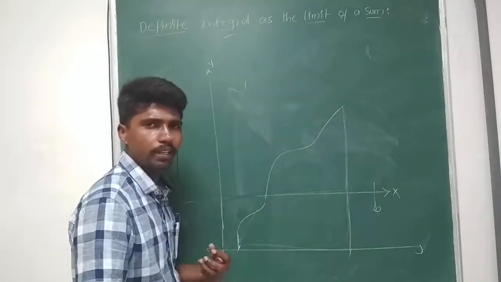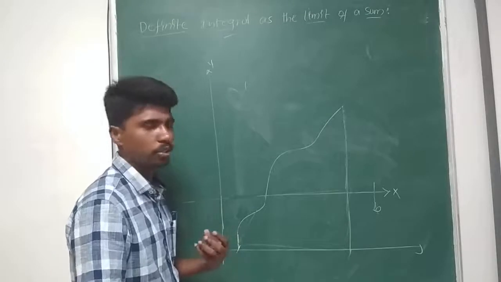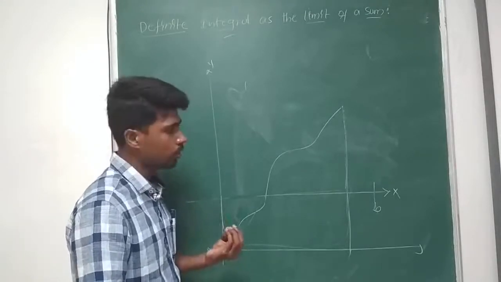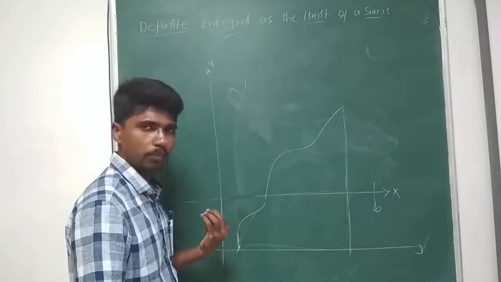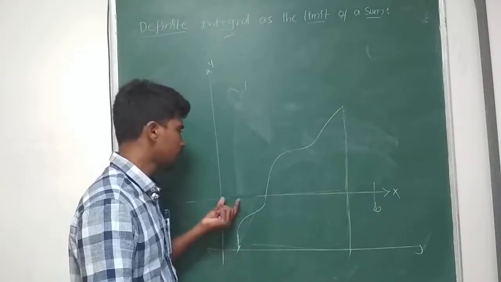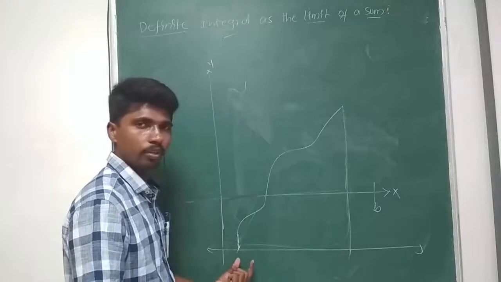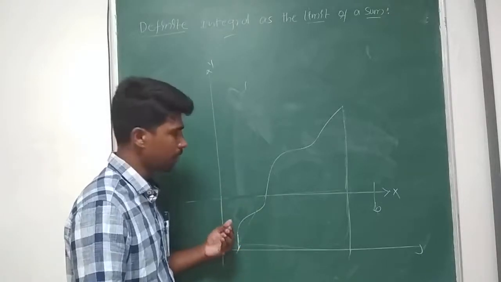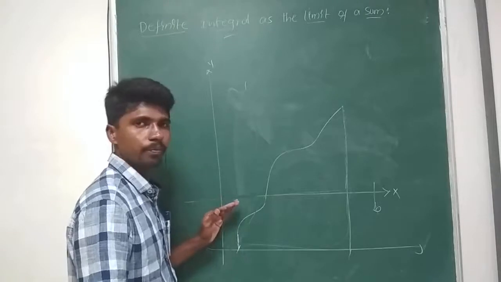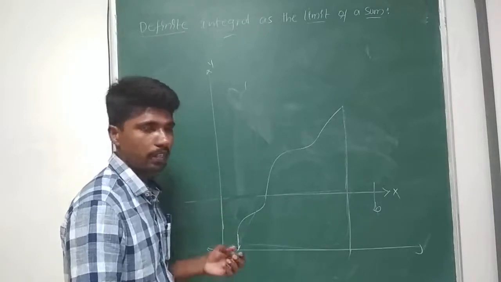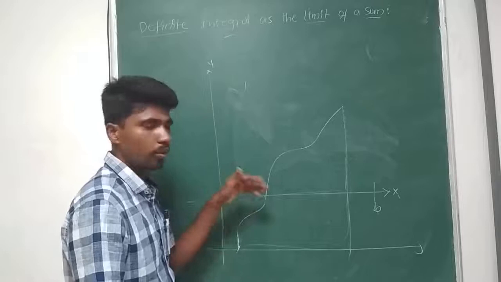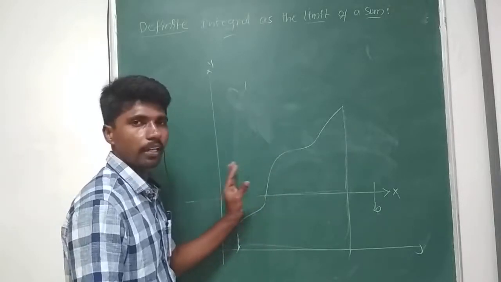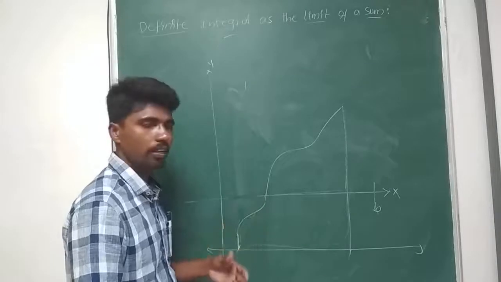If I want to make the area positive, I consider f of x as positive, so I shift the axis down. Otherwise sometimes I may shift the horizon in polar coordinates, which is nothing but the rotation of the coordinate axes. That also can be followed.